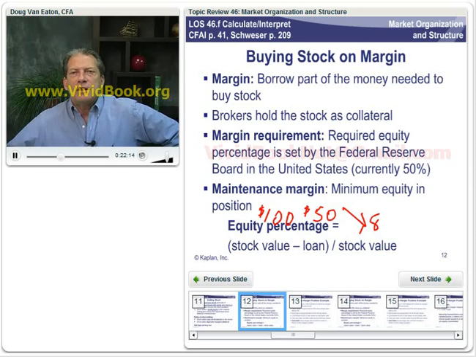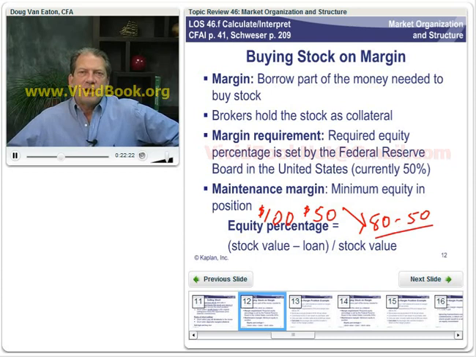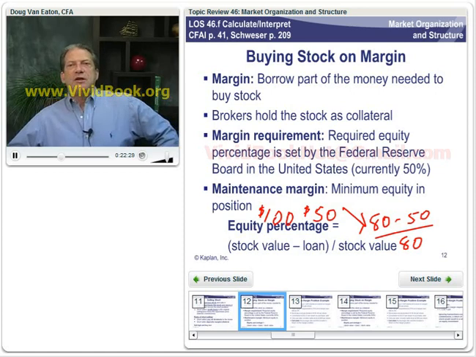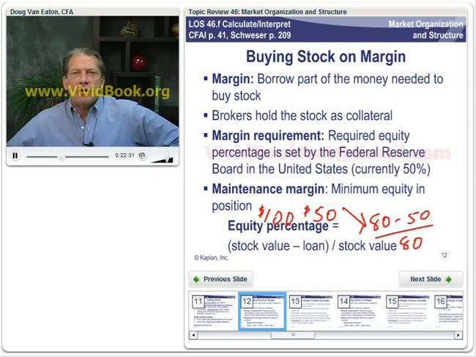We've still got a loan of 50. So we own $30 worth of that $80 share. And then we put that over the new share price of 80. So we've got 30 over 80, 3/8, 37.5%. So our margin, which was originally 50%, if the stock price falls to 80, has gone down to 37.5%.